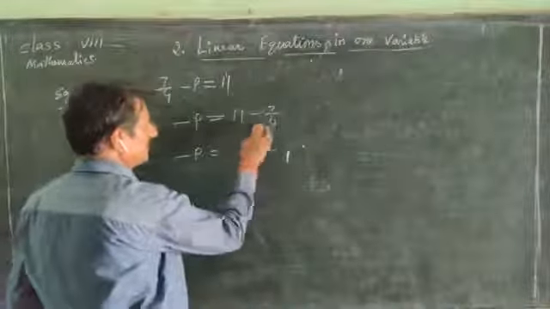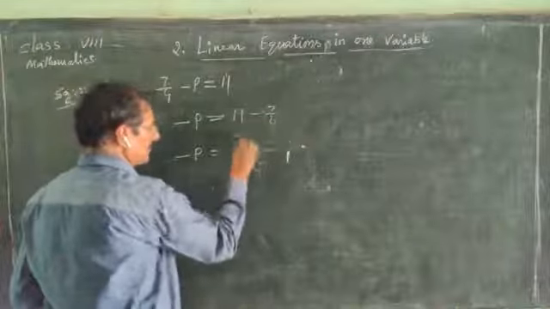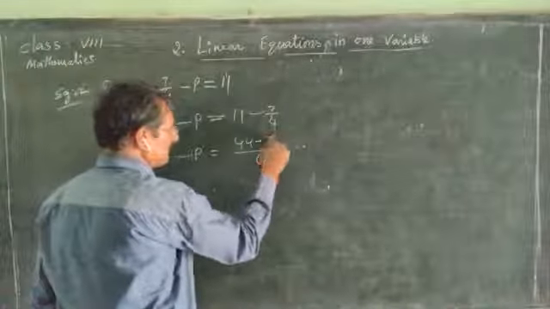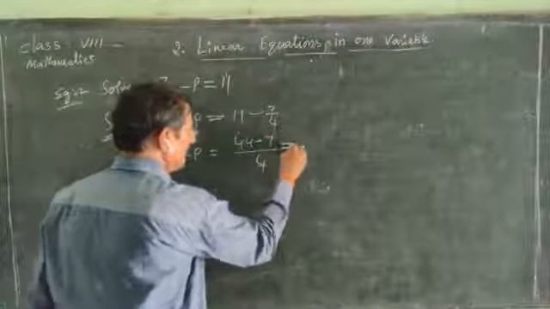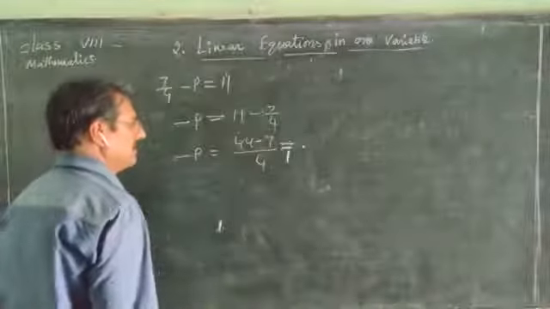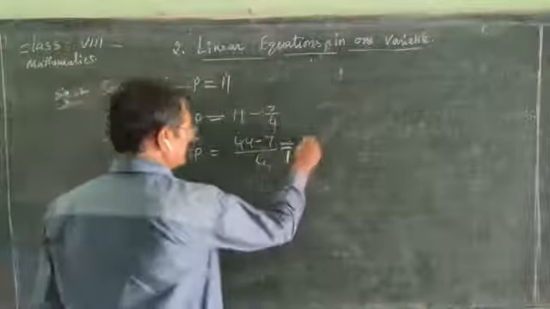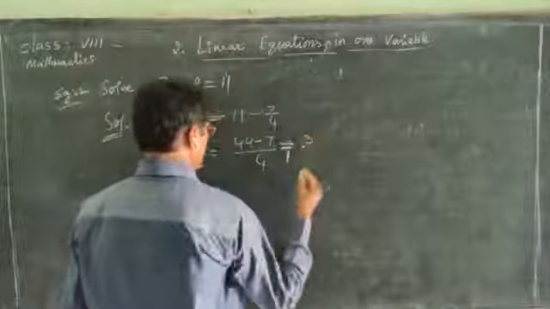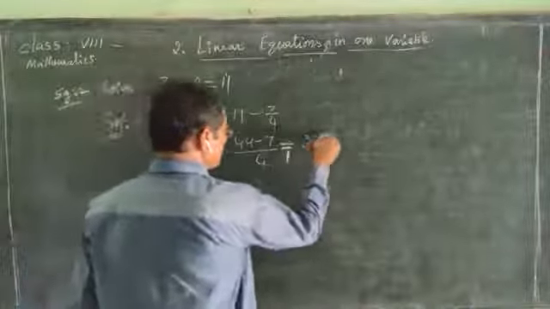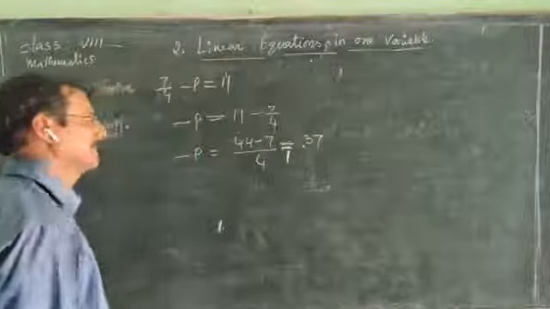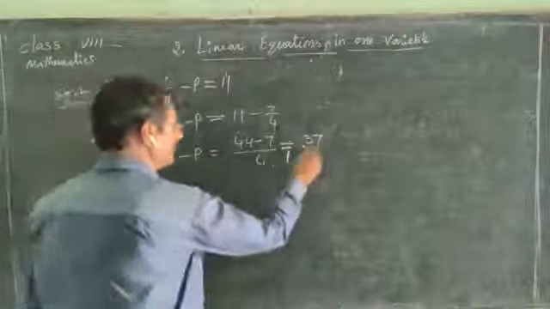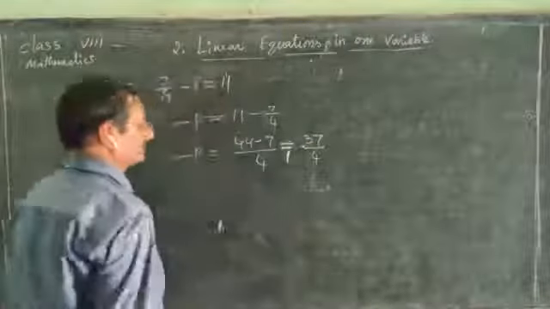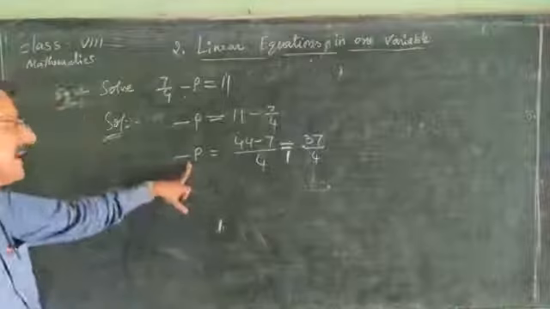Here 4 is the LCM, 4 11s are 44, minus 7. How much is 44 minus 7? 37. 37 by 4 is the minus p value.